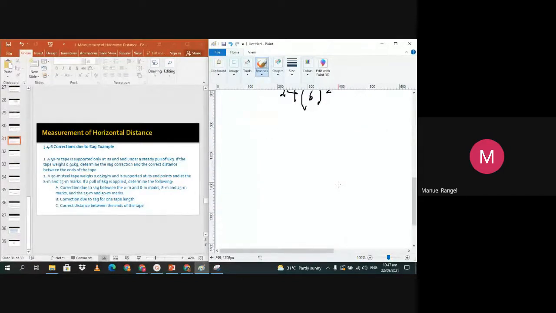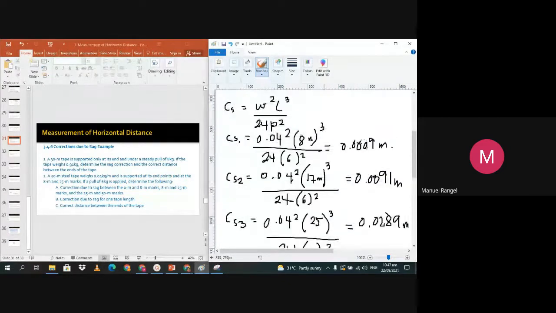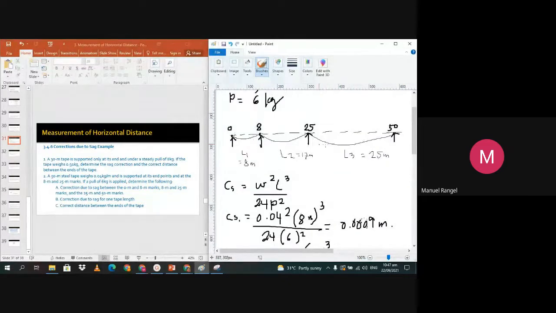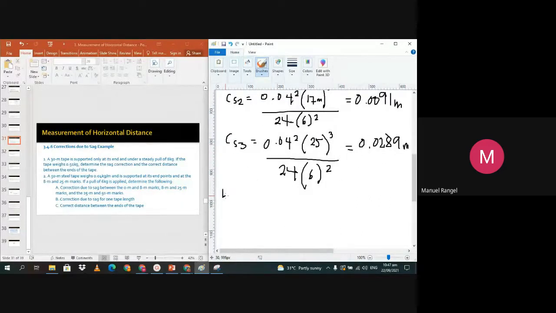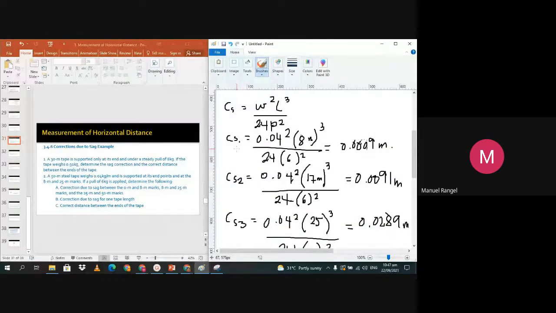For letter B, you need to determine the sag for one tape length. So sa tibuok, as a whole, the total correction due to sag. So total, i-add lang niyo siya from 1, 2, and 3.